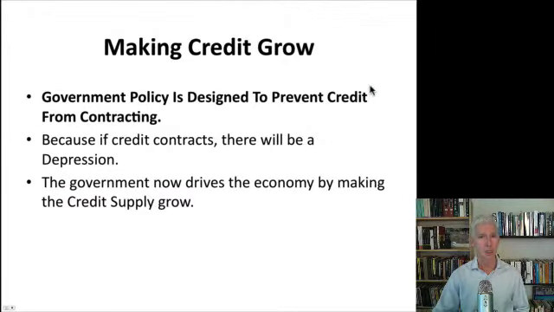So the government's policy is designed to prevent the total credit from contracting, because they fear that if credit does begin to contract, there will be a new Great Depression, and they are right to be worried. That is indeed the case. So the government now drives the economy by making sure that the credit supply grows, or that total credit continues to expand.